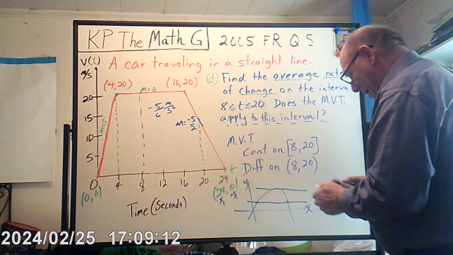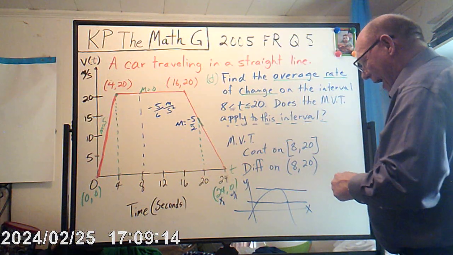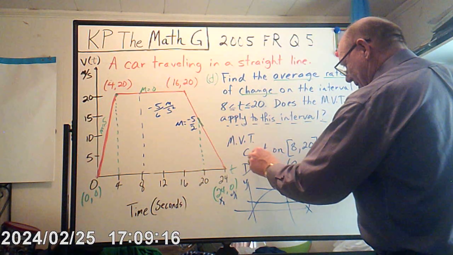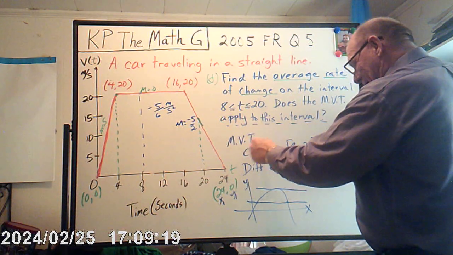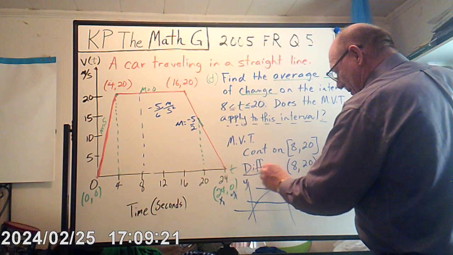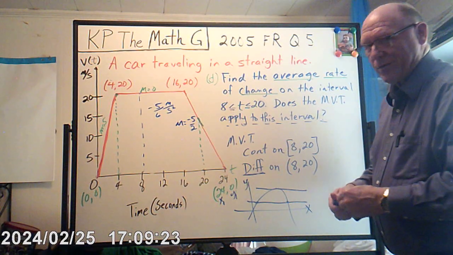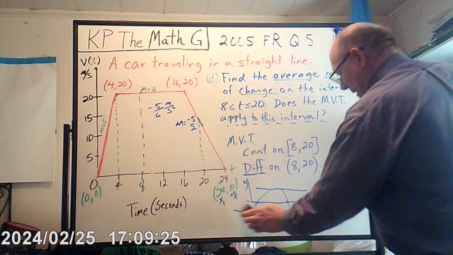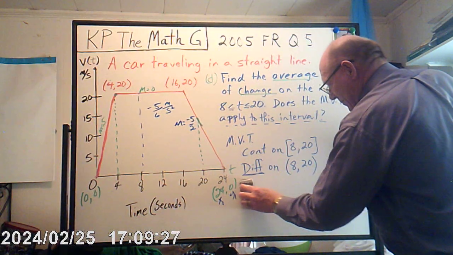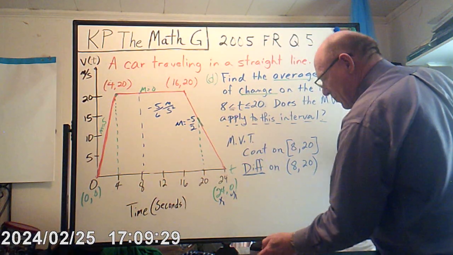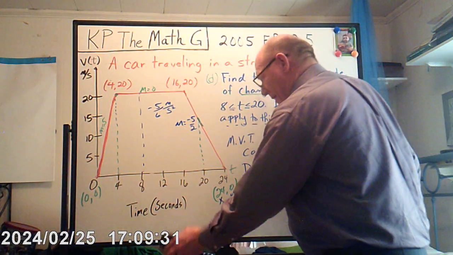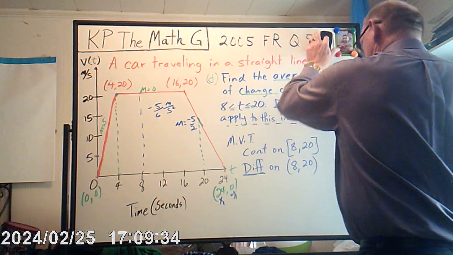And that's what the mean value theorem says. But the condition is, whether or not we know it's continuous, we do know that it's not differentiable. That's the point that we are asserting right here.